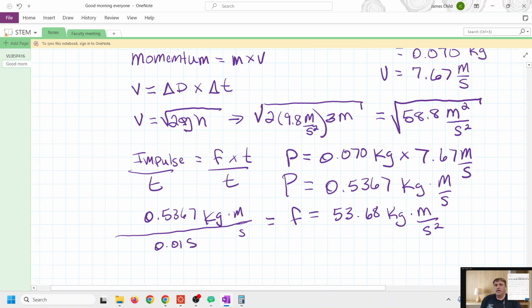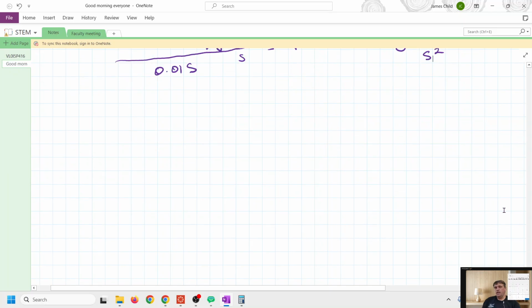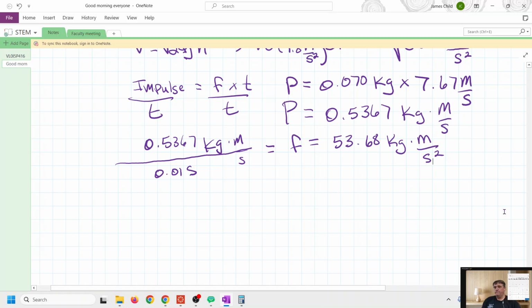Okay. Now let's take that exact same momentum, 0.5367, and divide that by 0.2 seconds. That's still kilograms meters per second.